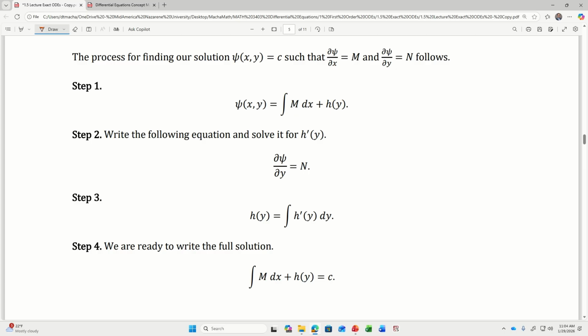And then in step 3, we find h by taking the antiderivative of h prime with respect to y. And in step 4, I just set psi equal to c. This is my solution.